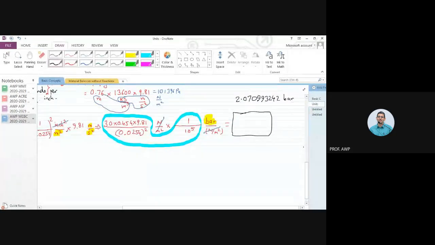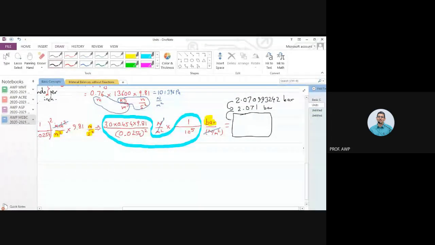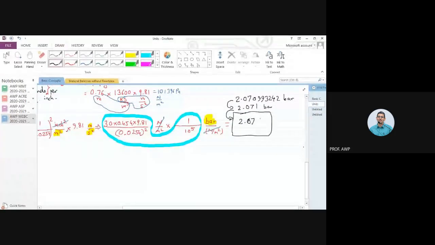Even if you had just rounded it off to 2.071 bar, that would have still sufficed. Or even if I round it off further, I would have simply said 2.07 bar.